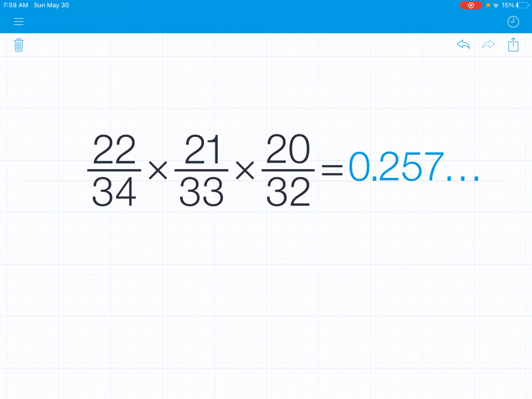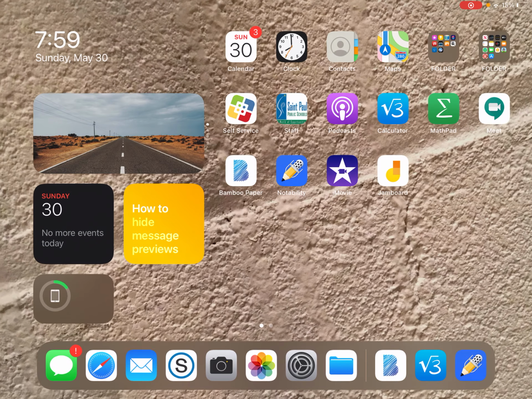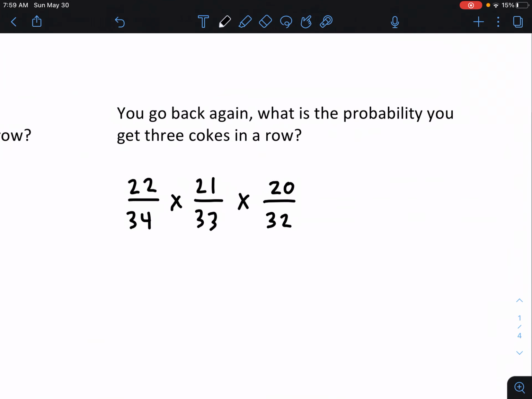So we have 0.257. Now, I might not be getting the right number of decimals based on what you have to enter in Schoology, so you may need to use a different calculator if you want more decimals. All right, and so this, if we move the decimal, it's 25.7%.